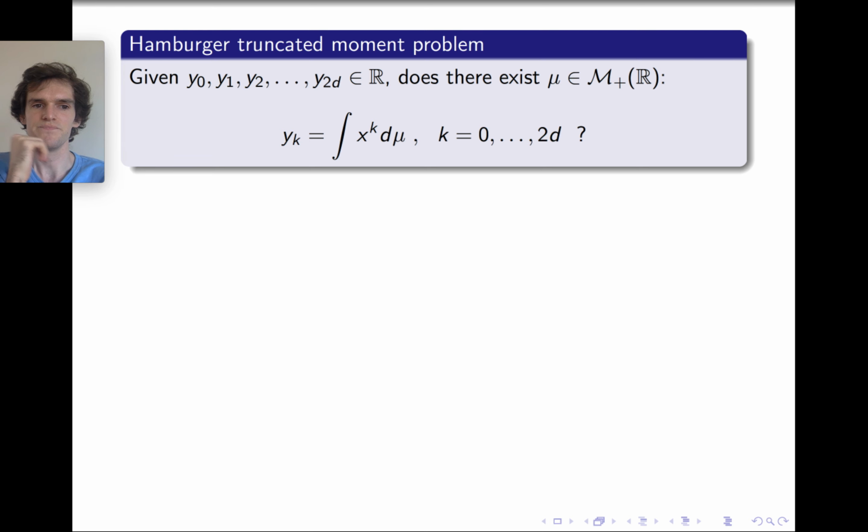Basically, it raises the following question. Given some real numbers y0, y1, y2, all the way through y2d, does there exist a non-negative measure such that yk is equal to the kth moment of that measure for k going from 0 to 2d?